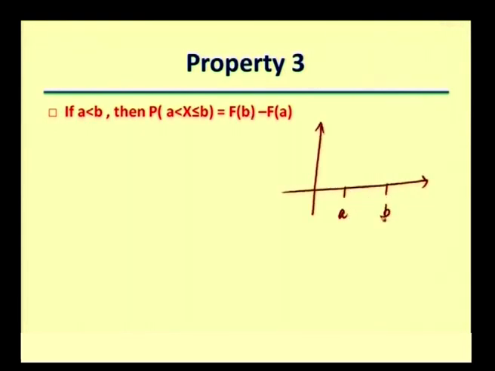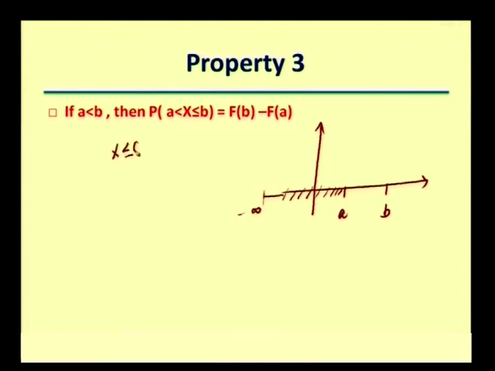Suppose you take the point a here and the point b, where a is less than b. You take a first and then b. Let me take x less than or equal to a, which represents everything up to minus infinity.